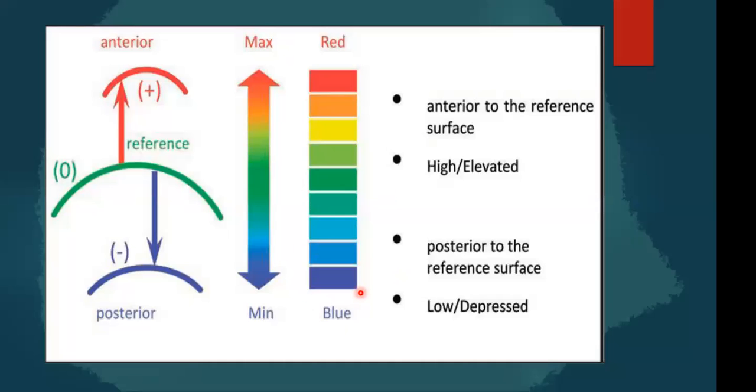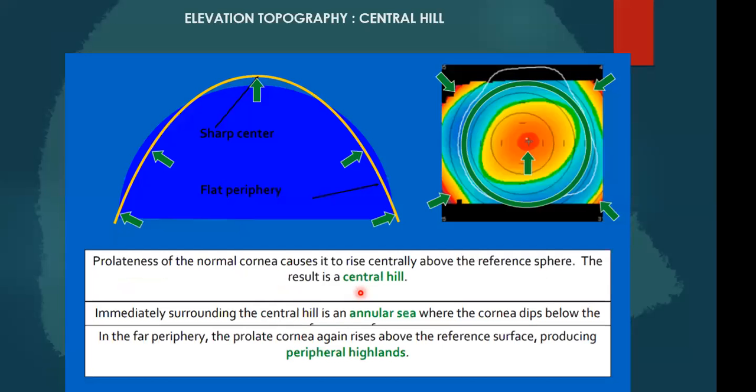So how is it represented on our machines? The yellow line that you can see is the cornea that we are imaging. The machine calculates this blue semicircle that you can see, which is known as the best fit sphere.